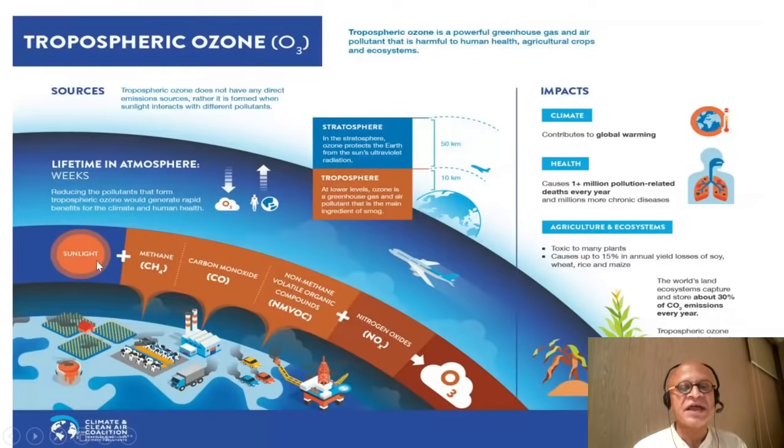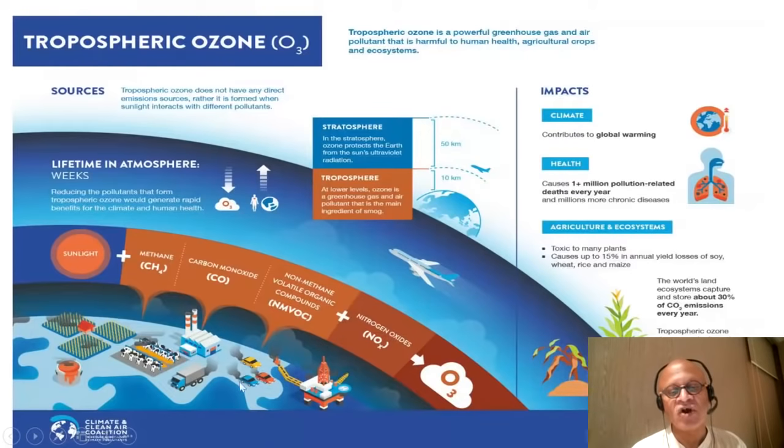So there is sunlight, and the precursors of ozone, which come from either livestock, rice paddies, water stored behind dams, or from coal burning, like methane, volatile organic carbons, that are also non-methane volatile organic compounds. There is carbon monoxide. Methane is not very stable, so it is highly oxidizable and can easily get oxidized into CO and then into CO2, but CO is also emitted from industries and so on.